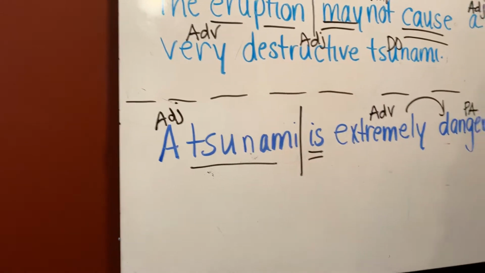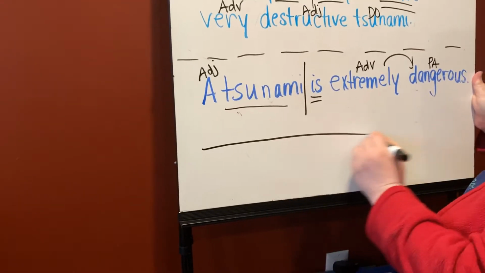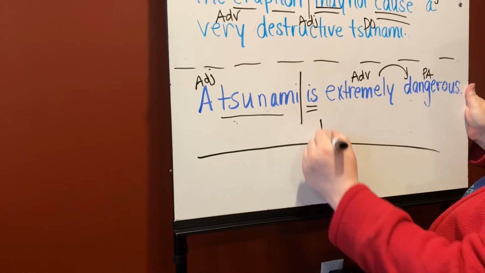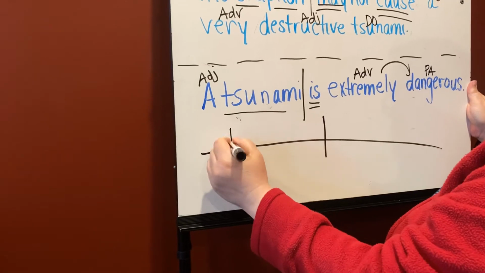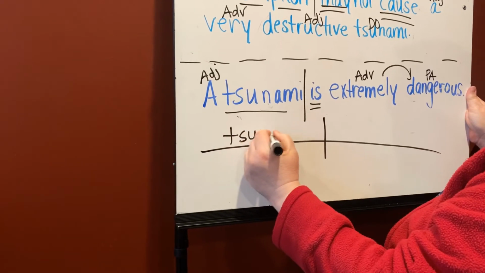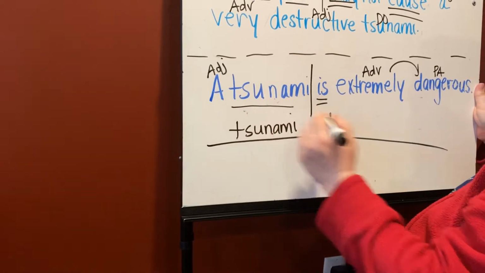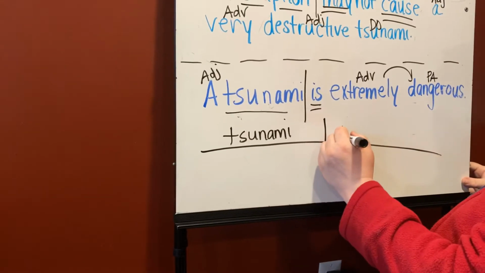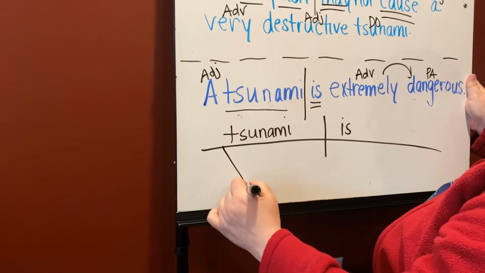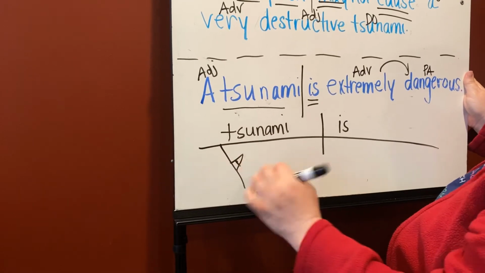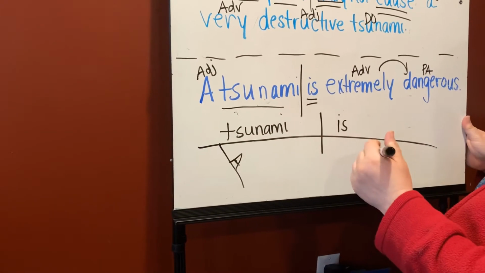Very good. Okay, let's diagram this together. First, we need to draw our main line here. We'll separate our subject and predicate. What is our subject? Our subject is tsunami. What is our verb? It is the linking verb is. What describes tsunami? The article a. A tsunami is. What describes?